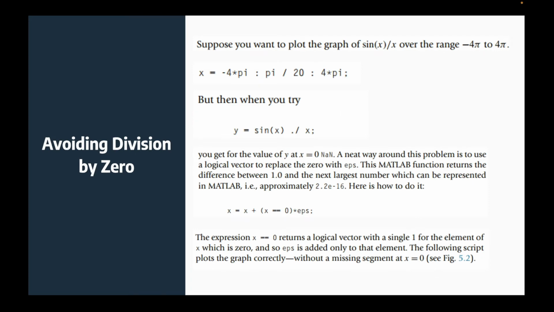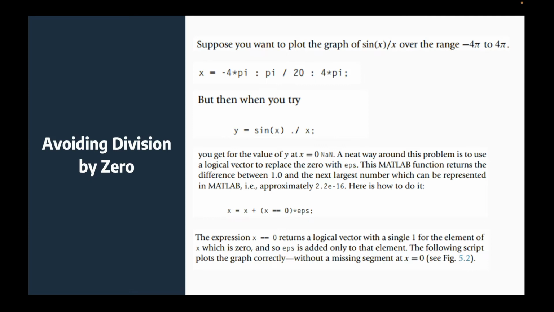Now, avoiding division by 0. Many times while you're working in MATLAB, you will find yourself getting back in the command line NaN, which I believe is called not assigned number. There are many ways people define that abbreviation. I think not assigned number is easier for me to remember than NaN. So suppose we want to plot the graph of sine x divided by x for the range minus 4 pi to 4 pi.